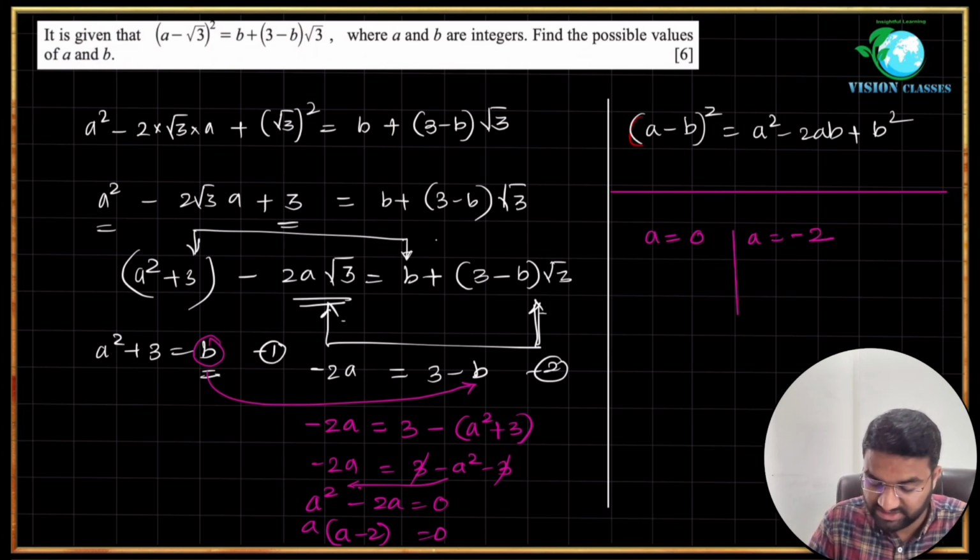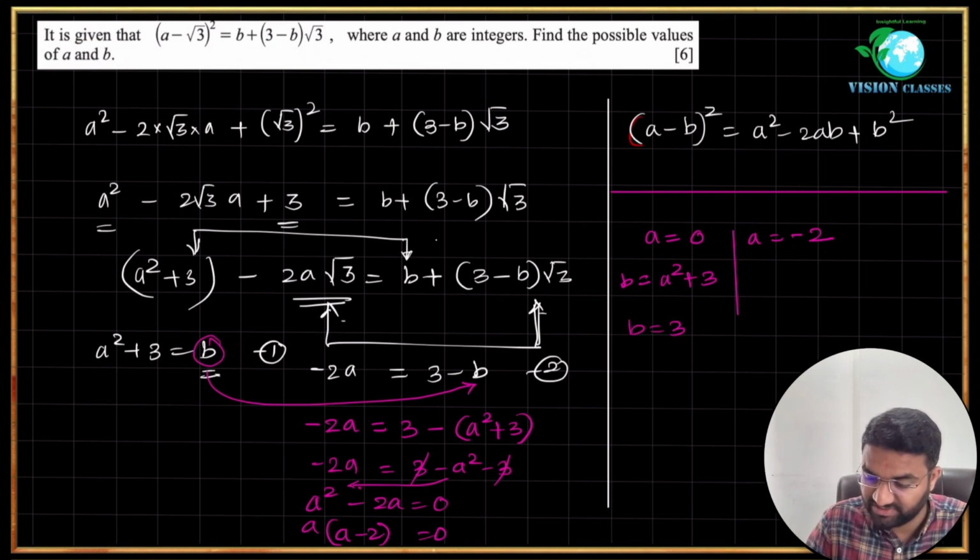Now you can use either equation and solve for b. From the first equation, b is equal to a squared plus 3. If you substitute a is equal to 0, you will get b is equal to 3.